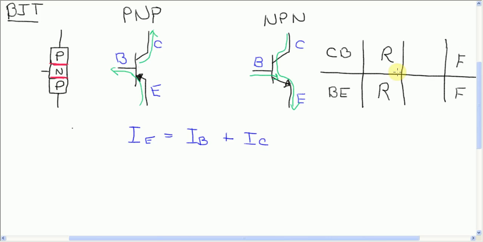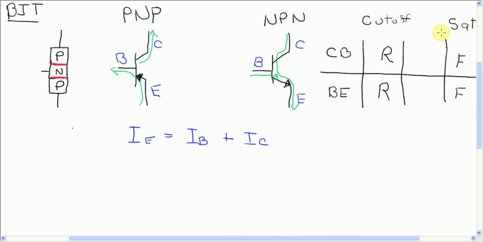That would mean that in option 1, when they're both reverse biased, nothing's going to get through, or we refer to this as cutoff. There is no current flow through the transistor in this scenario at all. The other scenario at the other end here, where it's forward biased, that's a piece of wire, so we would just be calling that saturation.